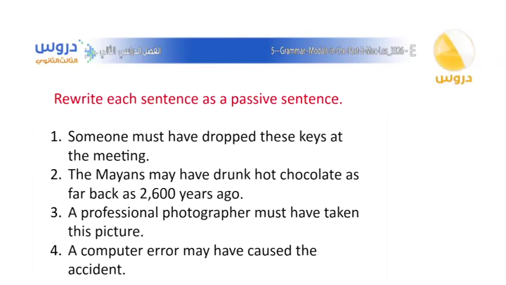Drunk, that's right. It's not drinking, it's drunk. So hot chocolate was drunk by the Mayans back in the... Well, actually, you typed back in the 2600. Well, actually, we were talking about 2,600 years ago, not the year 2,600. Okay, that makes a difference.